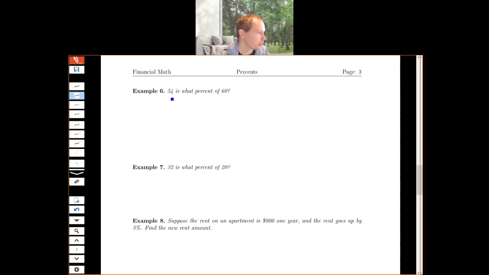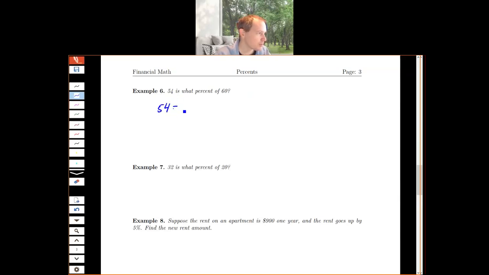What if I say 54 is what percentage of 60? Now it can get confusing, like, wait a minute, that's not saying percent of. It's changed a little bit here, so we have to be careful. But if I do the translation, it becomes very clear how to solve this. So if I translate this over, I just have the number 54.